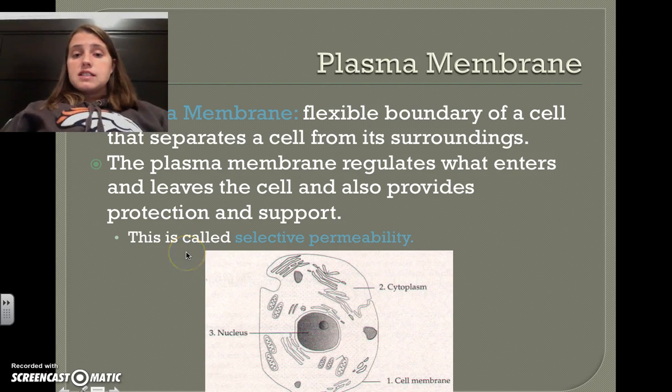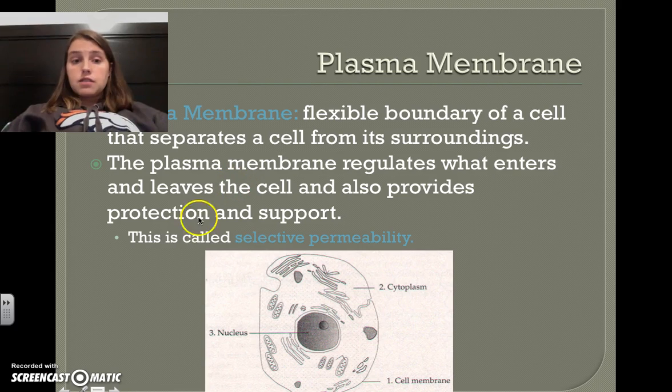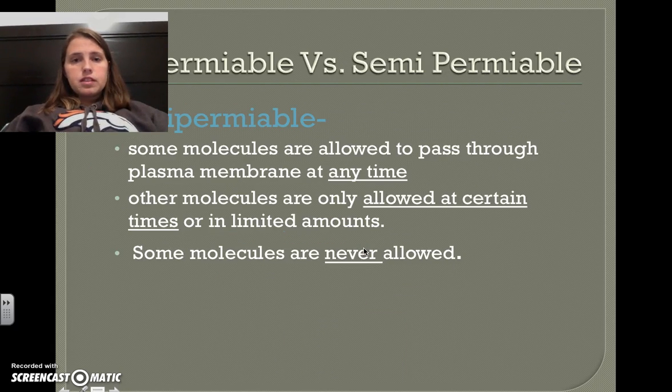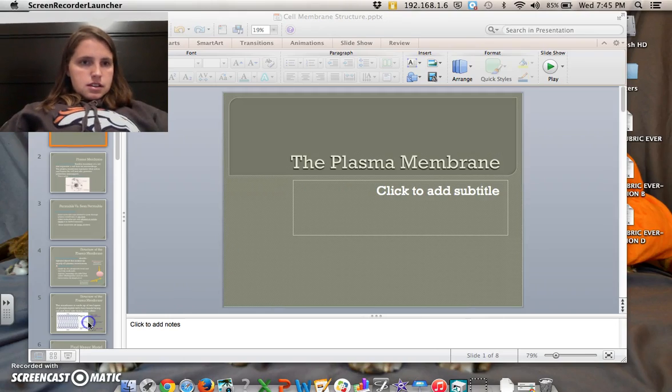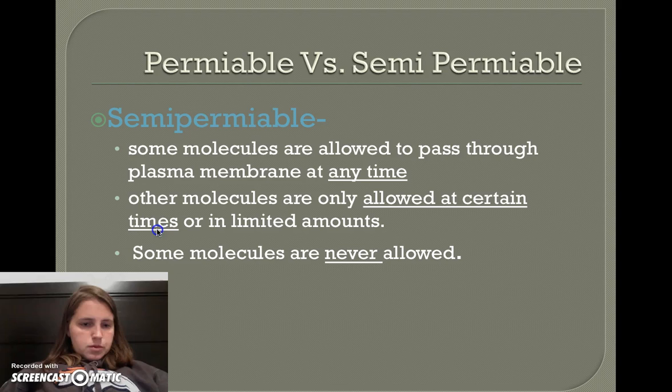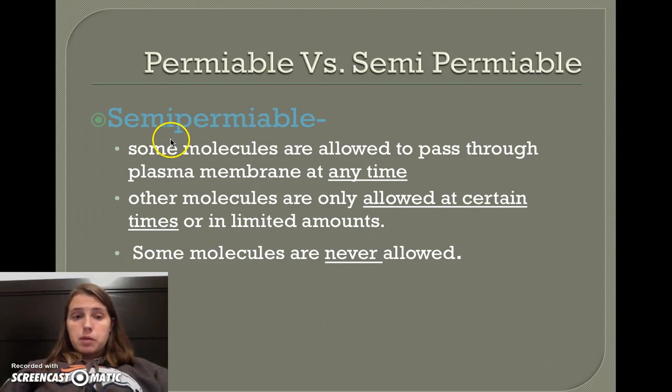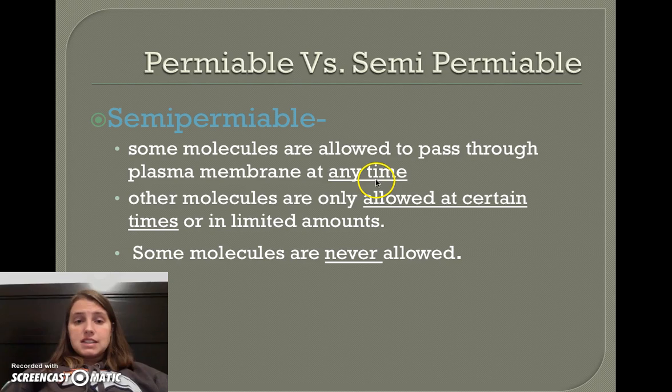When a plasma membrane regulates or controls what goes in and out of the cell, that's called being selectively permeable or having selective permeability. Semi-permeable or selectively permeable means some molecules are allowed to pass through the plasma membrane at any time.